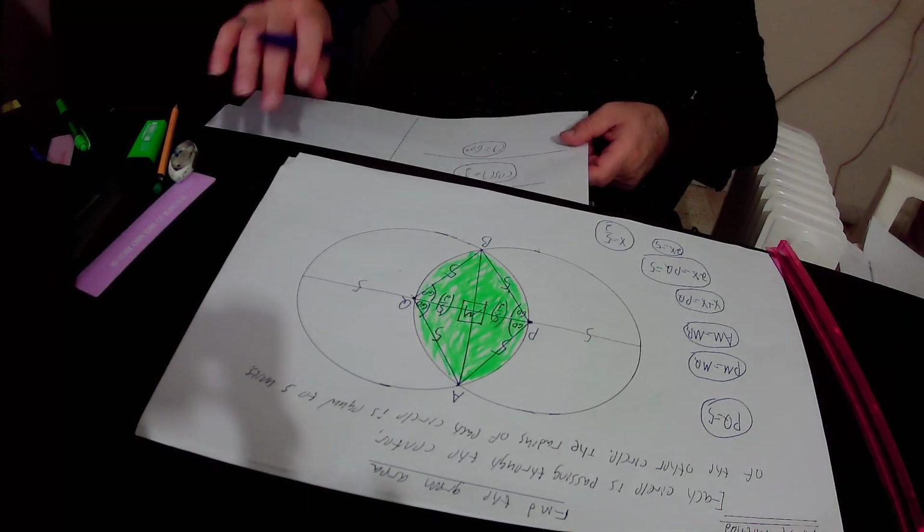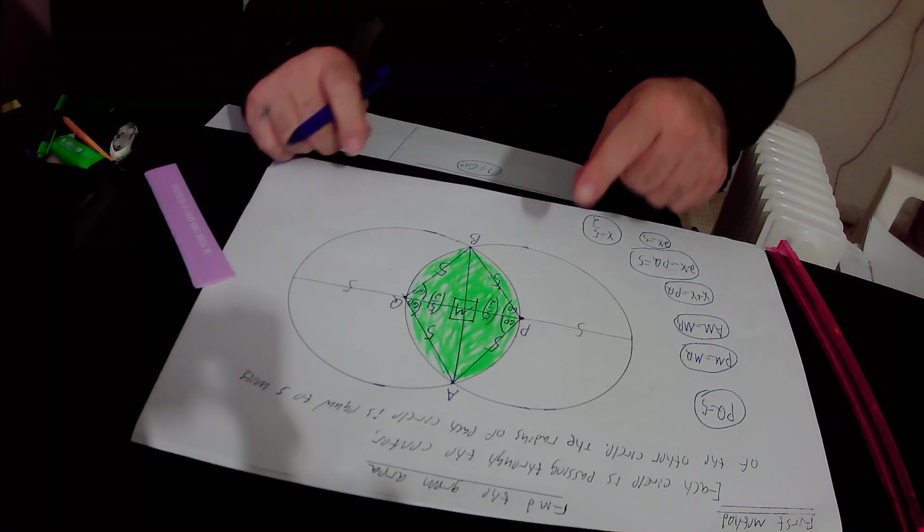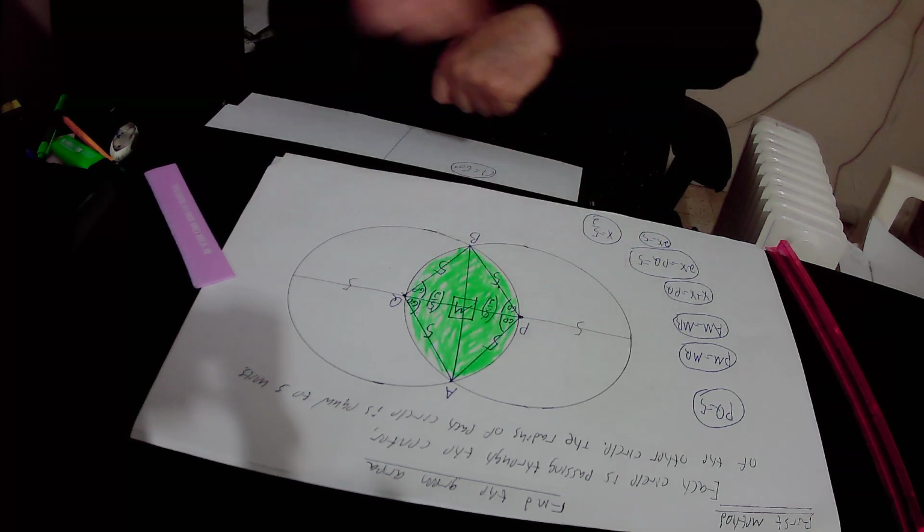In the next step, we will prove that triangle APB is congruent to triangle AQB.